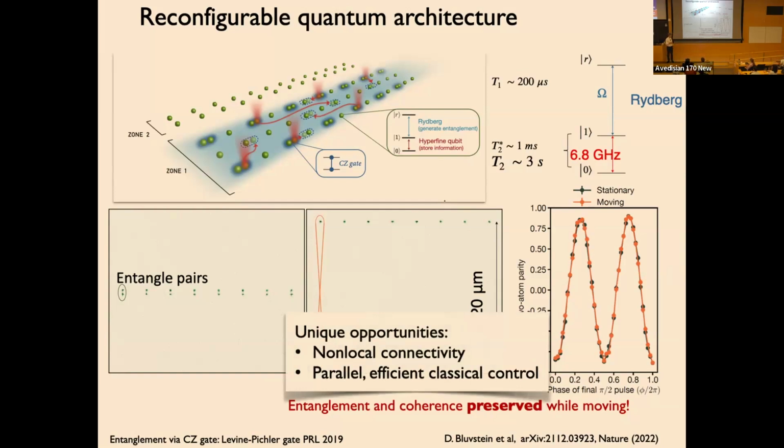This is a very special feature, which immediately gives rise to several unique opportunities. One of them is that the connectivity can be non-local, because you can first locally couple some atoms, then move them around and do another set of gates with atoms which initially were not near each other. That also enables something which turns out to be very important, and you will see it in a second: parallel, efficient classical control.